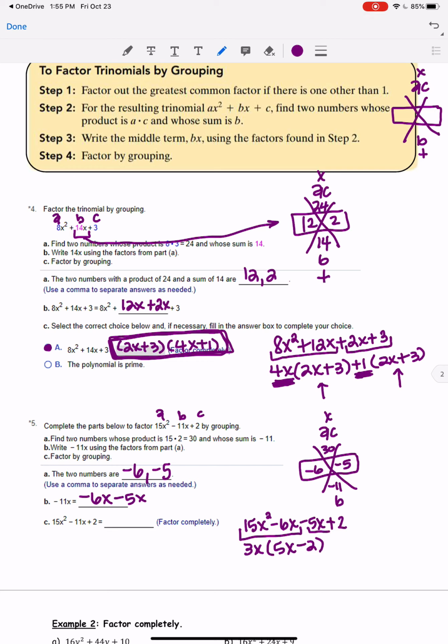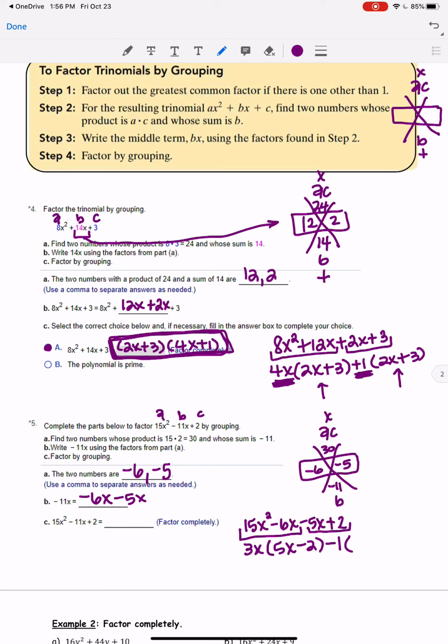So now my second grouping, it's almost the exact same, but what's different? Well, here I have a negative 5x, and here I have a positive. Here I have a positive 2, and here I have a negative 2. So how do I switch the signs? I'm simply going to take out a negative 1. You're going to take out a negative anytime this first one here is negative.